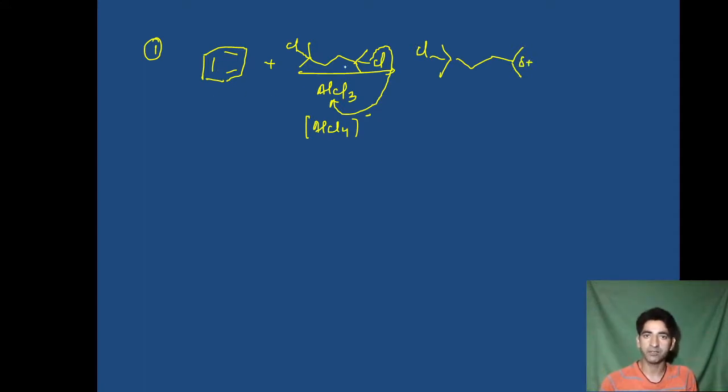Now this is the carbocation that is generated over here. In the next step what happens? This benzene ring attacks it. Now if this bond breaks towards this side, this will become negatively charged. It attacks over here, so I am going to get this type of species.